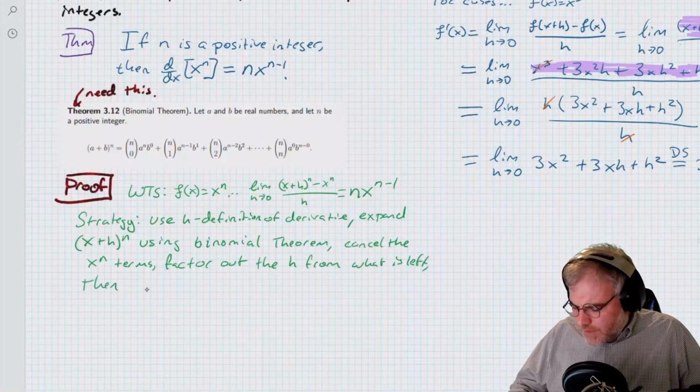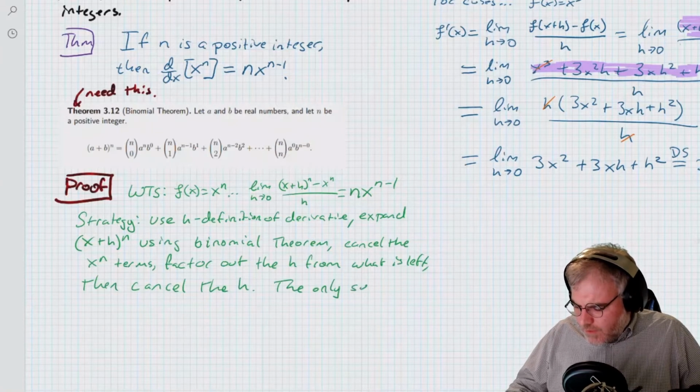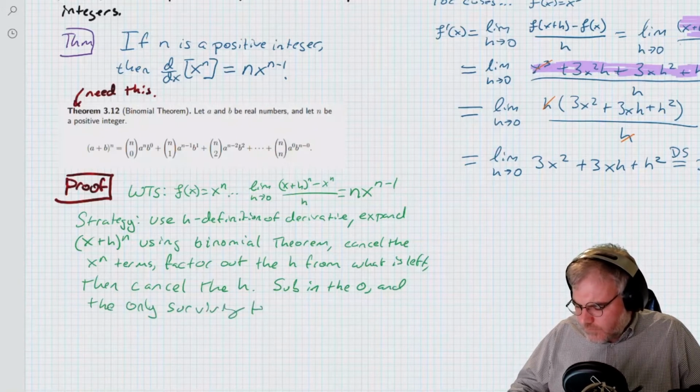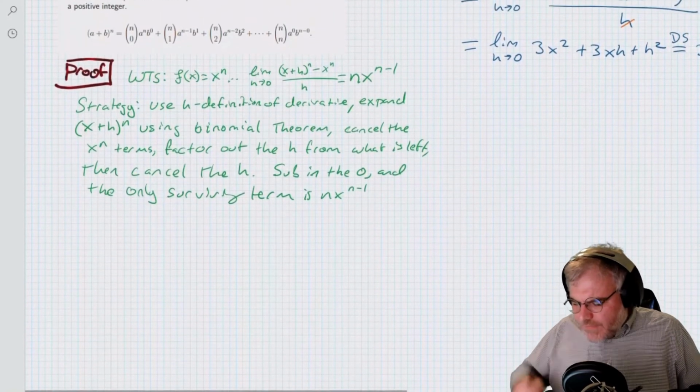Then cancel the h. Then sub in the 0, and the only surviving term is n x to the n minus 1. Okay, so that's how we're going to do it.